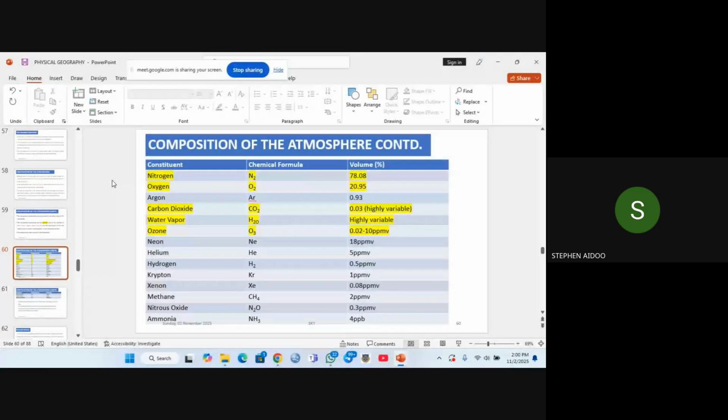Sir, from their submissions, some are saying carbon dioxide is good for photosynthesis, and some also said nitrogen, being a major component on the Earth's surface, helps.